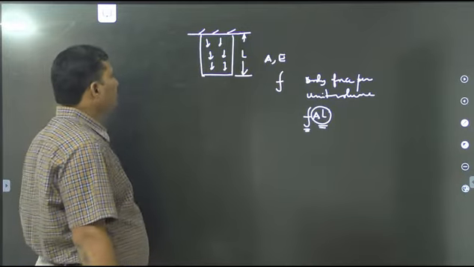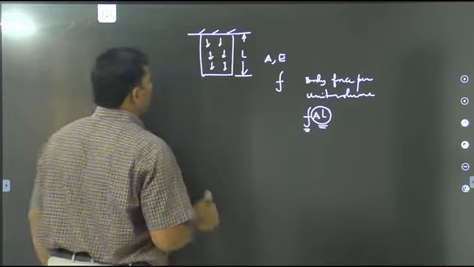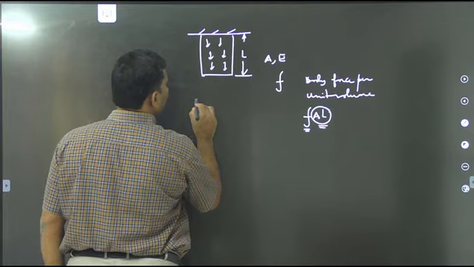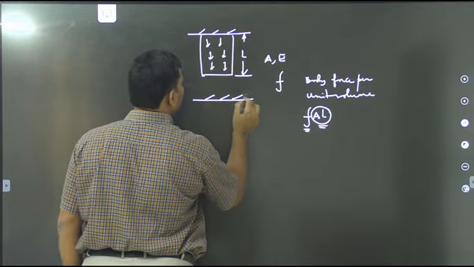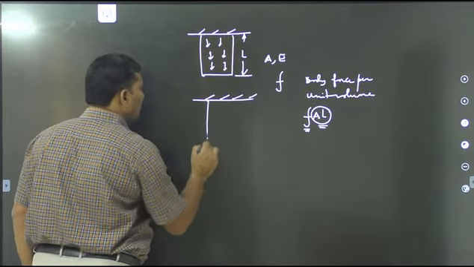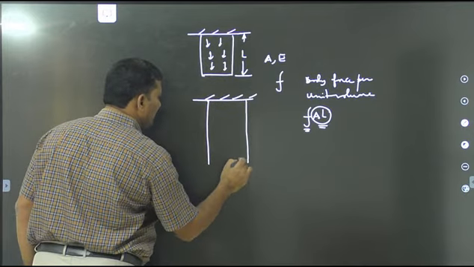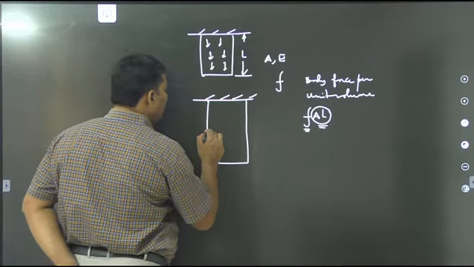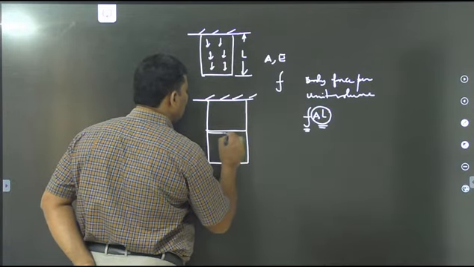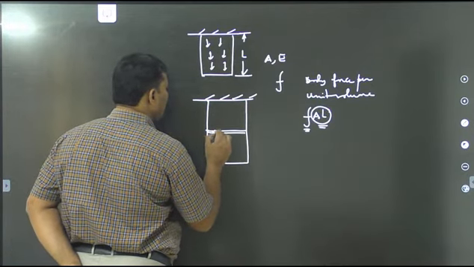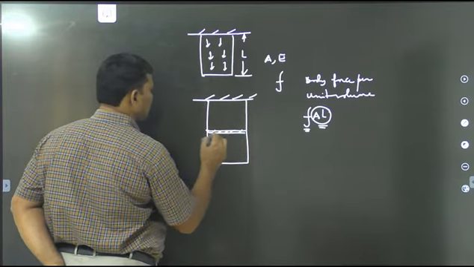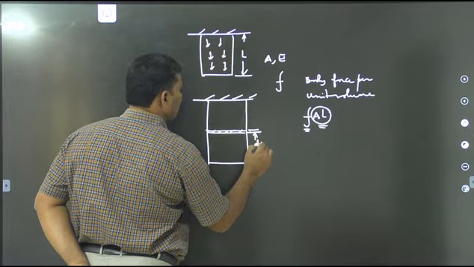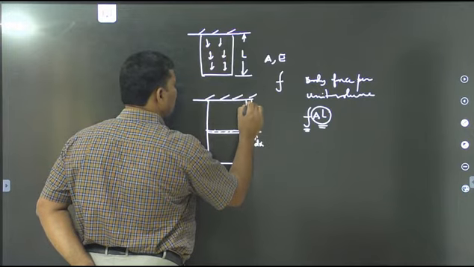Now to derive the expression, we consider an infinitesimal element. I draw the figure again. I take the same solid, I draw it to some enlarged scale like this, right? I consider an infinitesimal element of thickness dx, distant x units from the fixed support.